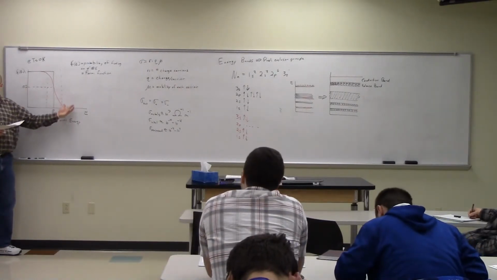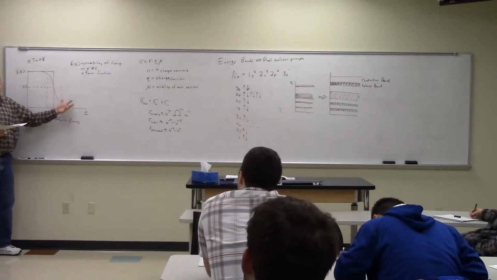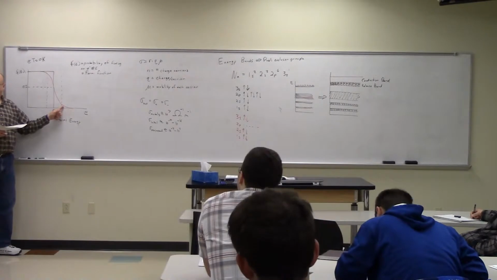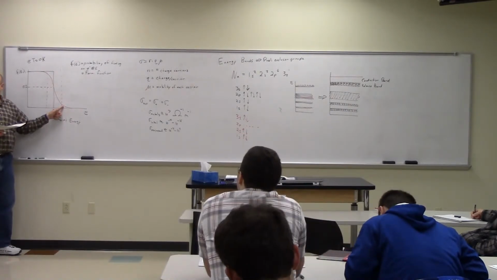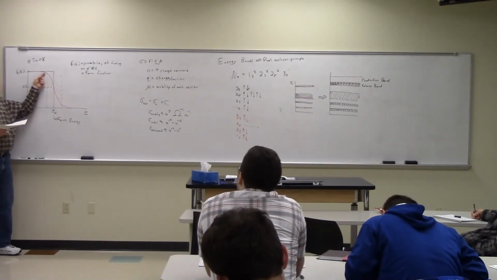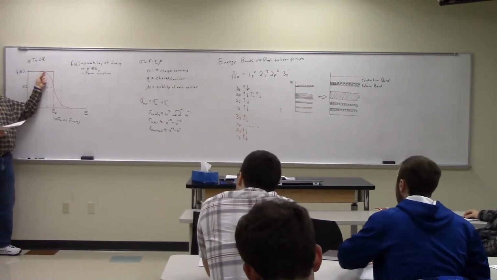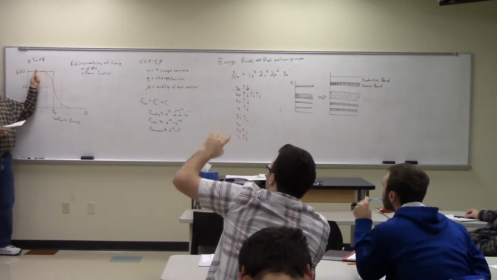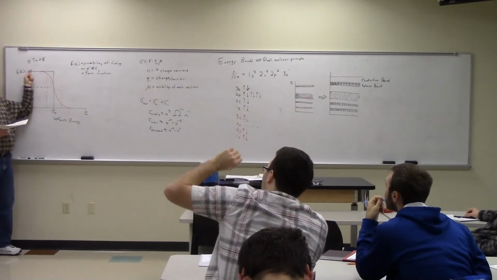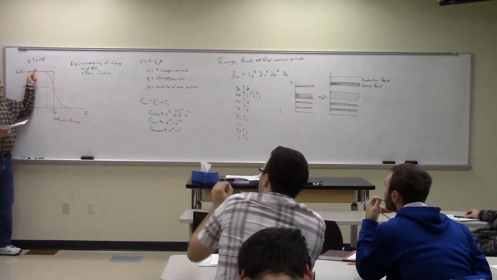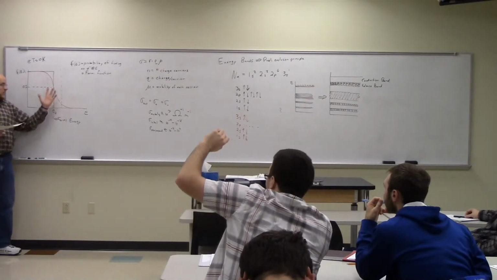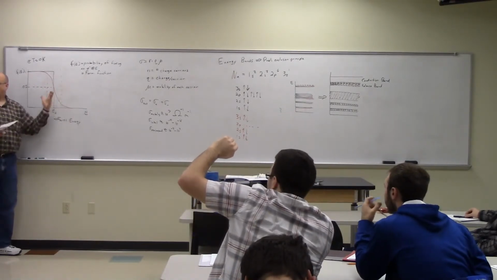But there's no band for it to exist in, so it doesn't physically exist there. It's just that there's a finite probability that it will have that energy. There's also a finite probability that the electrons will exist here, but they don't actually exist there. There's no band there. You see what I'm saying? This is just determining the probability, as you'll see in a second, it's thermally driven, that electrons will occupy any particular energy. And then we have to overlay that with the actual band structure of the material to see where they really exist.